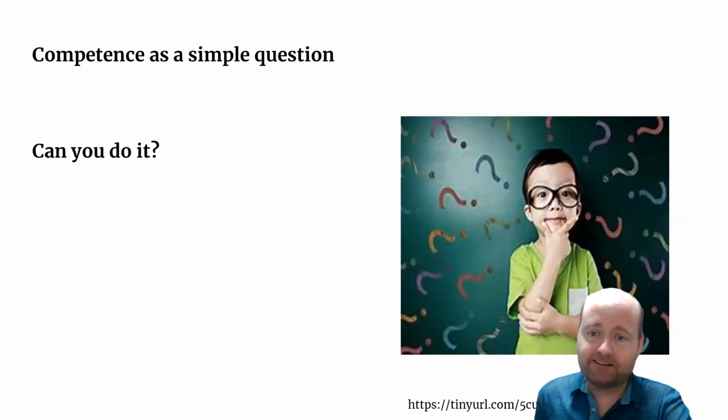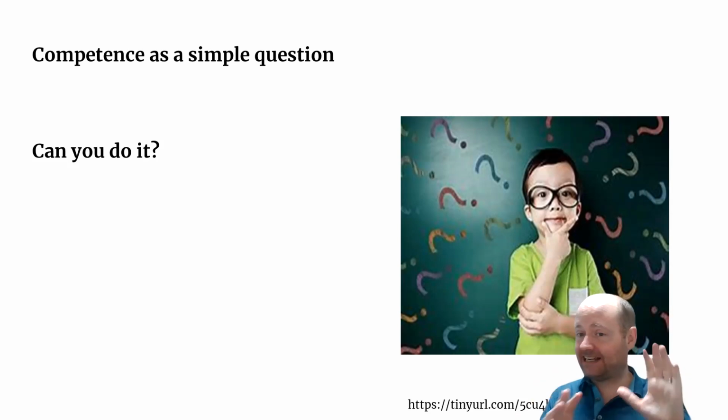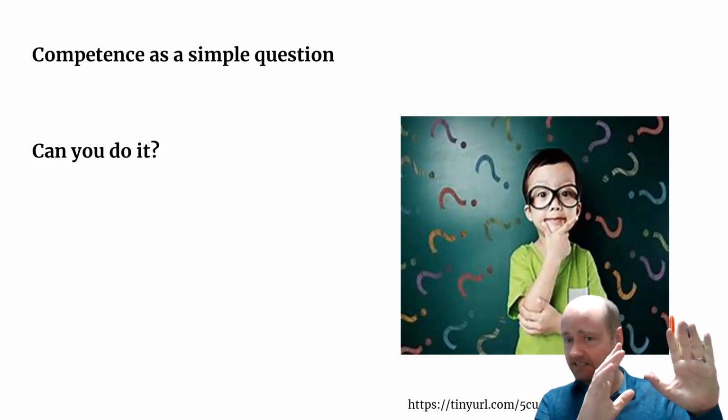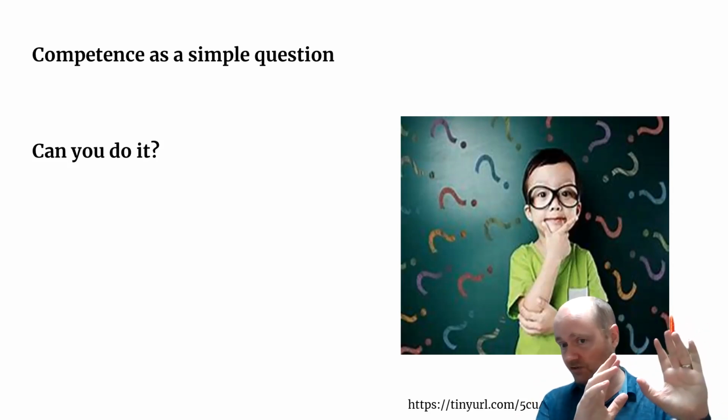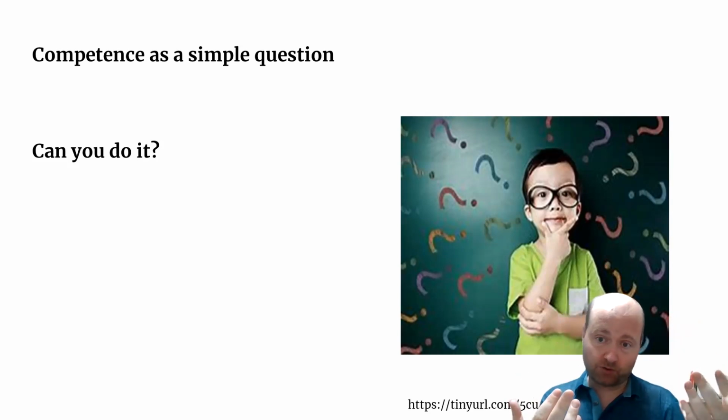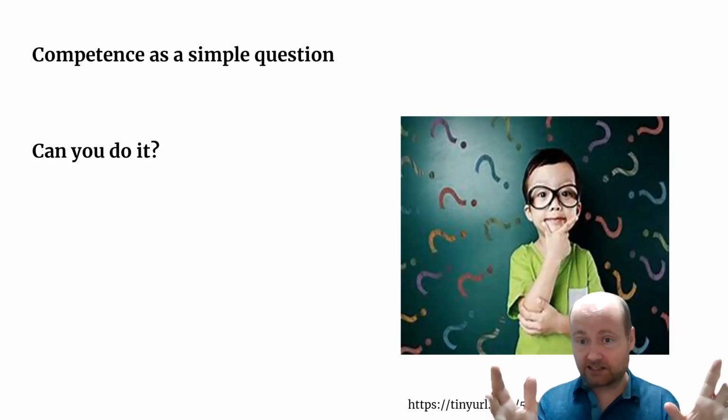So let's move on and look at competence as a simple question. So this time, I think the question is, can you do it? Okay, so anytime we think about this question, can you do it? We're thinking about competence. So I might say, here is an example of an excellent essay. The student got an A plus grade. Maybe we look at the reasons why, like the structural elements of the essay, the way the text is organized.